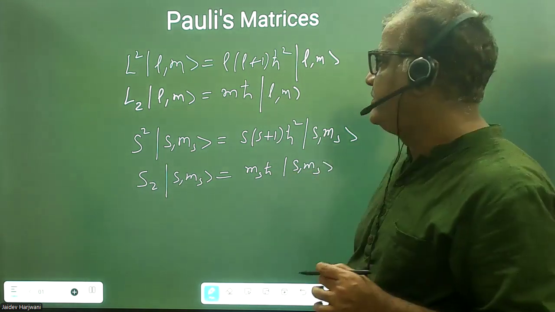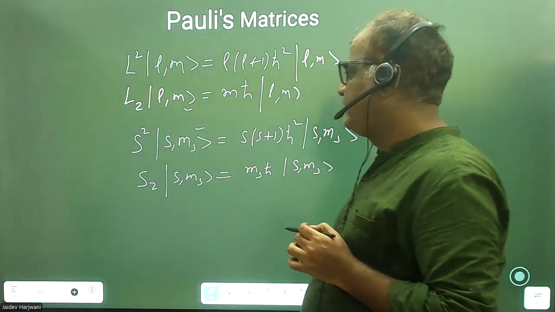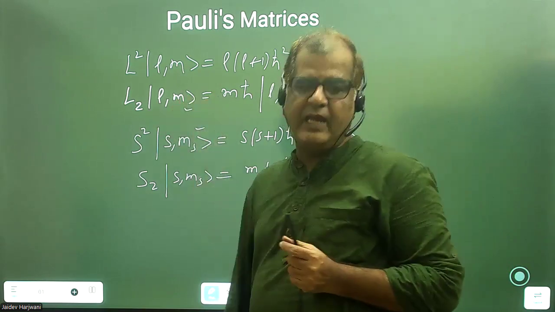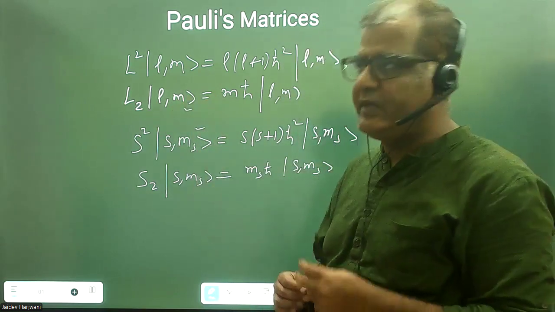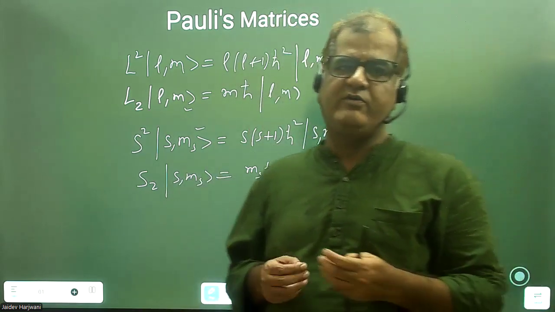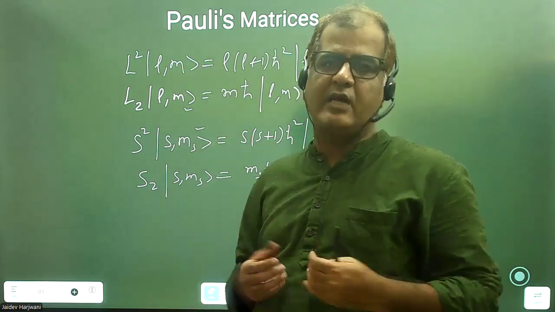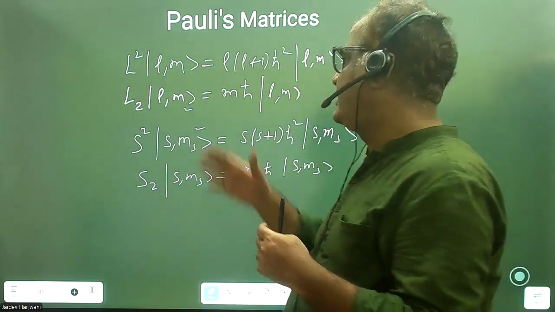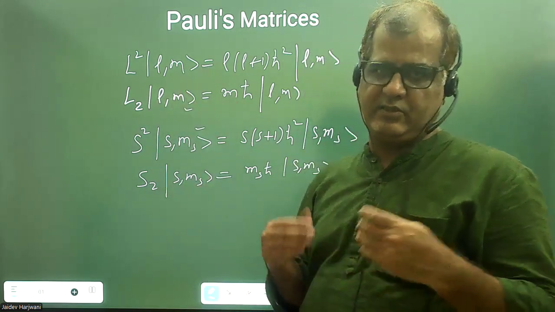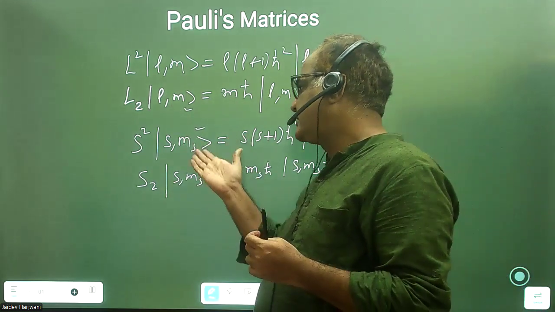The only difference between these eigenbases and the eigenbasis of L orbital angular momentum is that the latter can be represented by a functional form. We have seen that these eigenstates are nothing but the spherical harmonics when we do their representation in coordinate form. But here these states are abstract.